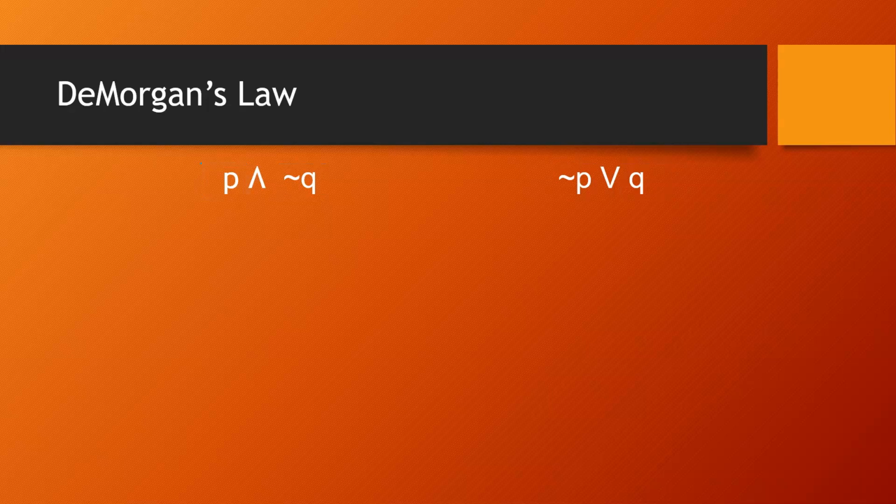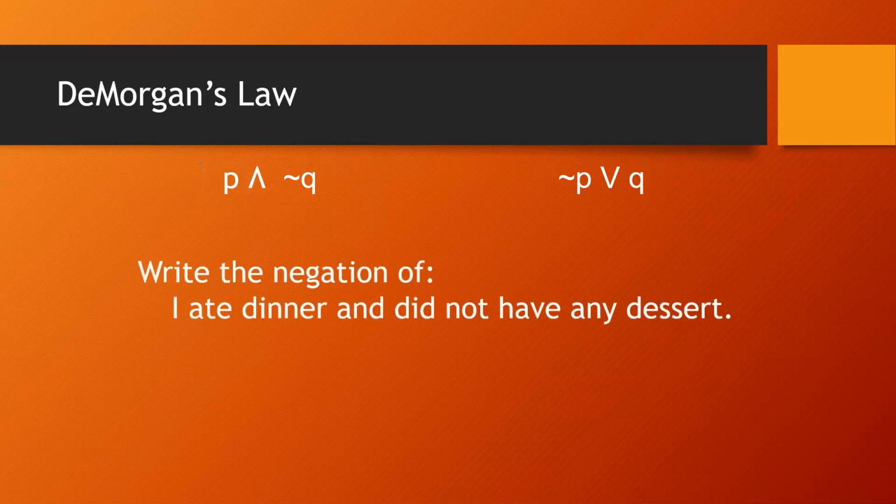That's the pattern that we can follow to write the negation of a conjunction or of a disjunction. So let's see how to do that with a statement that's in words. I ate dinner and I did not have any dessert. So we know that because we started with an and statement, a conjunction, the negation would have to be an or statement, a disjunction. We also have to negate each of the simple statements.